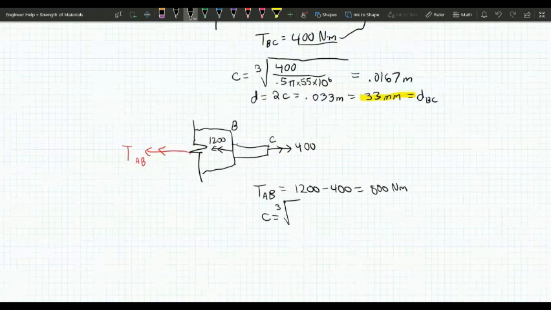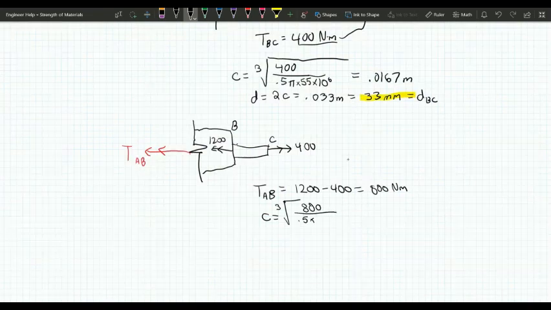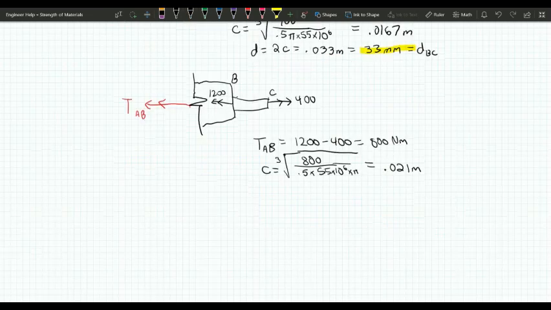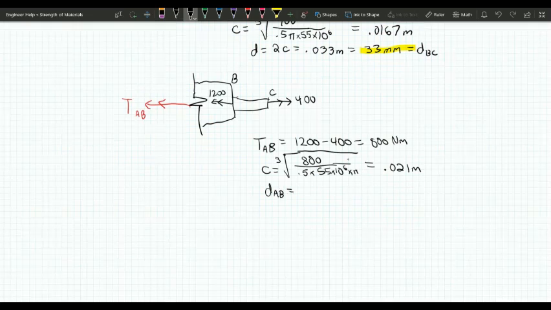So the cube root of 800 over 0.5 times 55 times 10 to the 6 times pi. And you should get 0.021 meters. And if you multiply that by 2, you get the diameter of AB being 0.0419 meters, or roughly 42 millimeters. There you go.